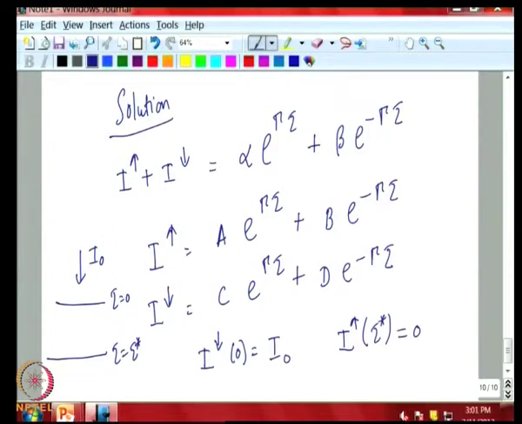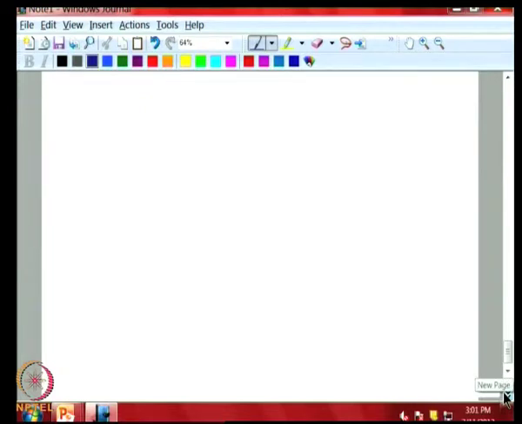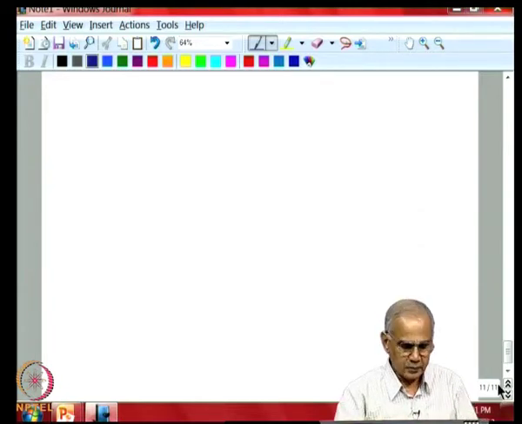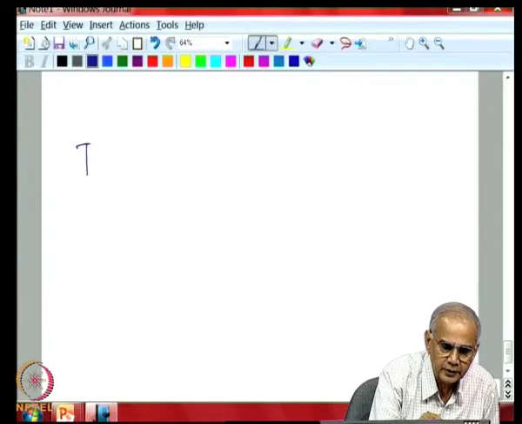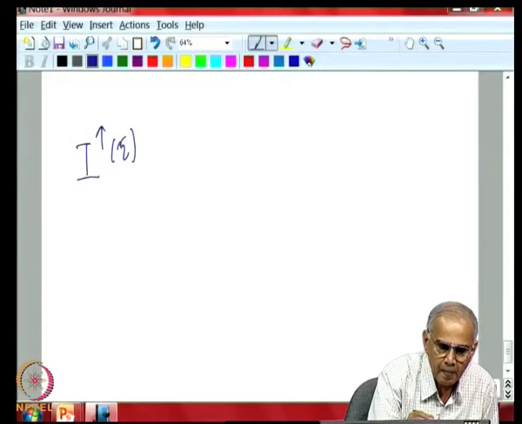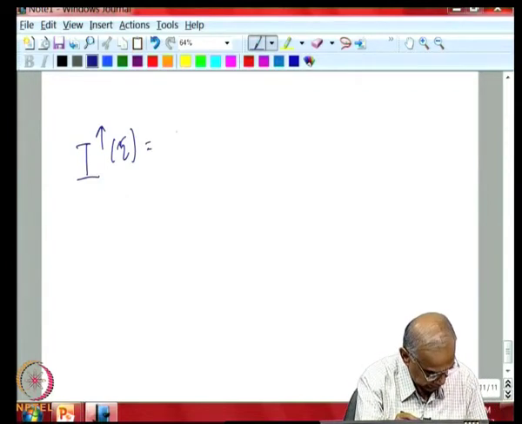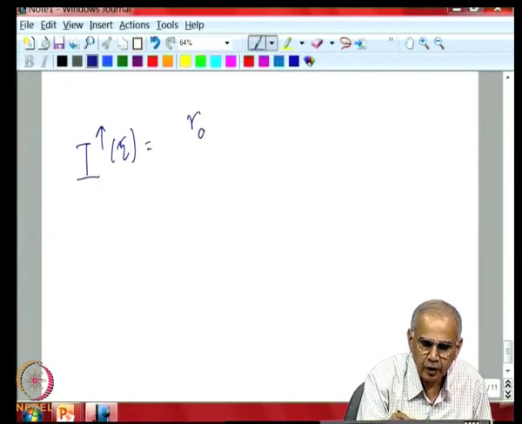So, this is the simplest case that we can visualize. And so, if you solve this equation with these boundary conditions, we will get the following expression for upward and downward intensities. First, let us write the upward intensity as a function of the optical depth, and we define parameter R infinity, which we will define soon.